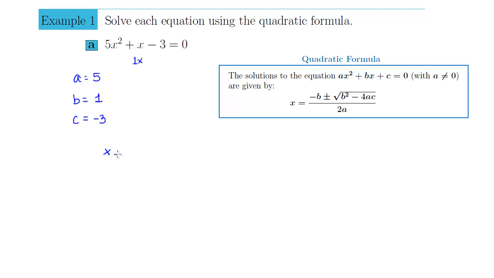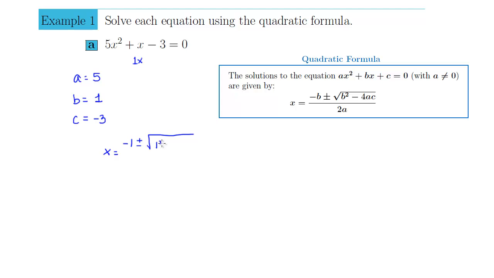So here we go. X equals negative b. Well, in place of b, we're putting the value 1. So that means we have negative 1 plus or minus the square root of b squared. Again, in place of b, we're putting 1.